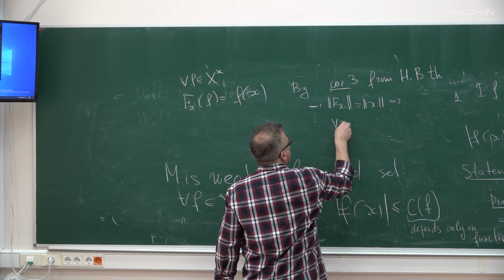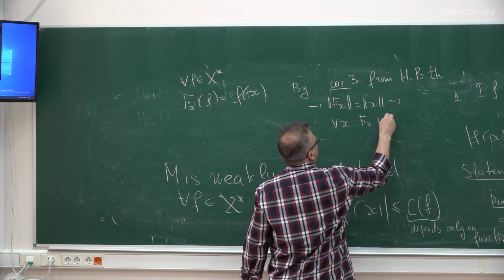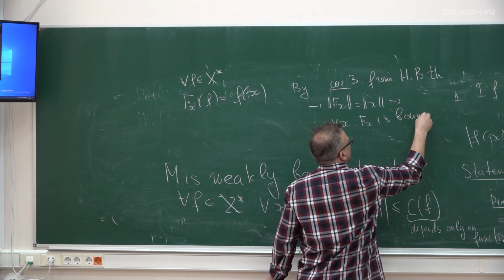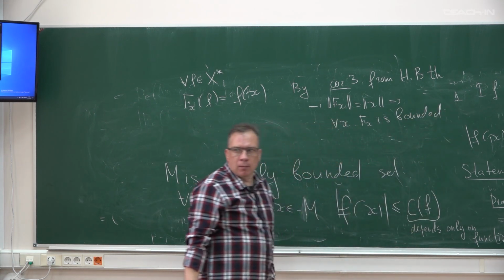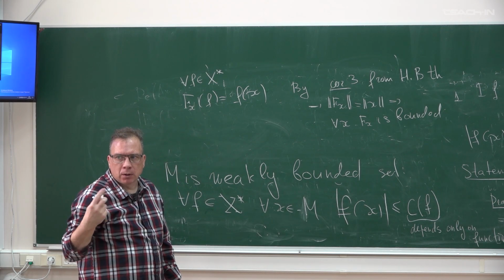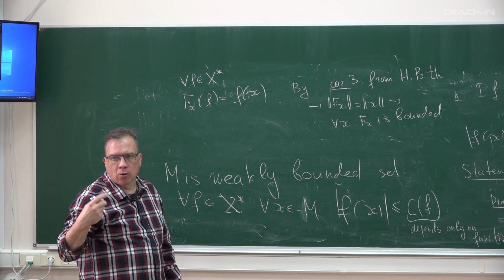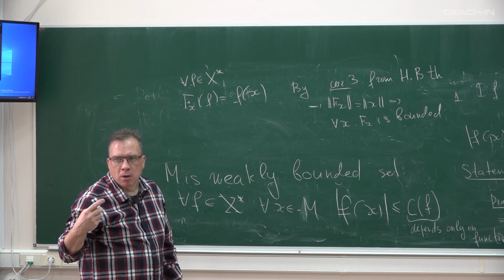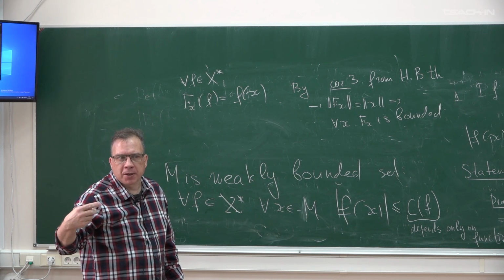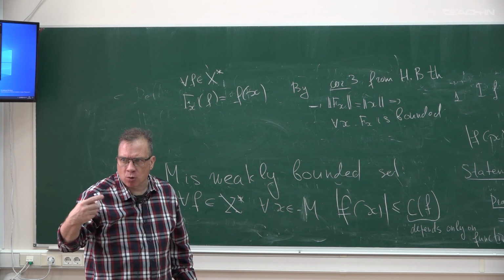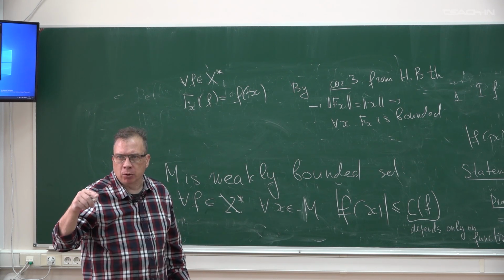So for any x, f_x is bounded. It is the first assumption from the Banach-Steinhaus theorem. All elements of your family of operators, but functionals are a particular case of operators, must be bounded.